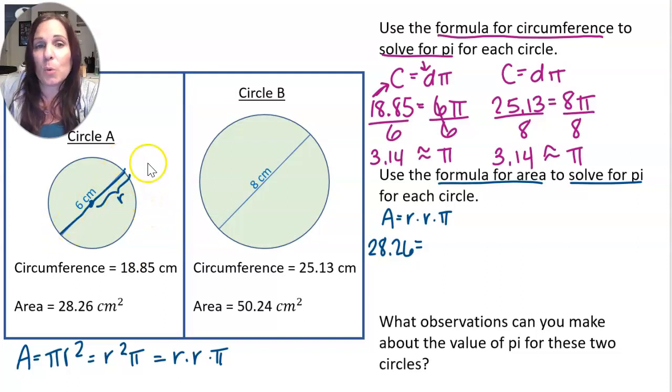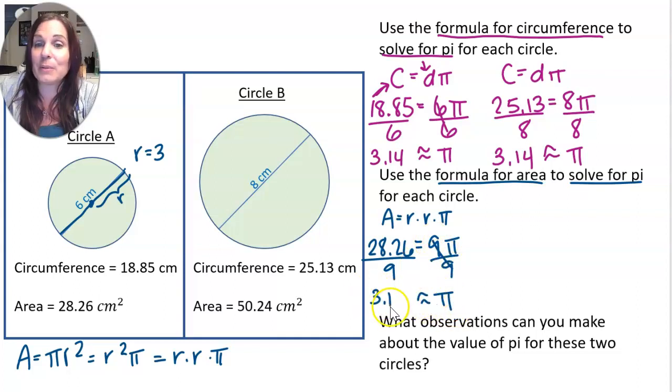So if the entire way across the circle is 6, then just halfway across the circle would be half of 6. So when I plug that in here, I get 3 times 3, right? r times r, so 3 times 3 is 9. Again, same thing, get the pi alone, so I divide by 9 on both sides, and I get that pi is about 3.14.